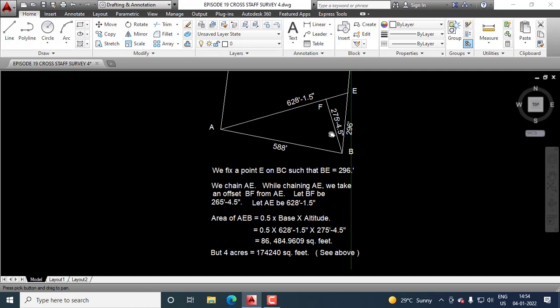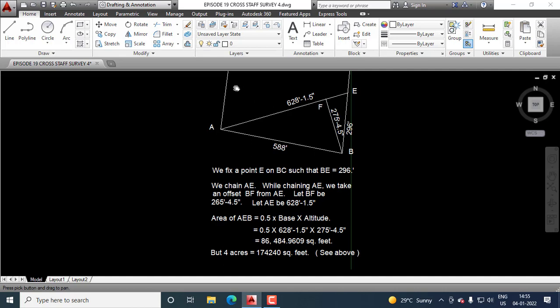We got this area, but 4 acres is equal to 174,240 square feet. We measured only 86,484.9609 square feet. That means the remaining area must be above this base AE. Here it must be.